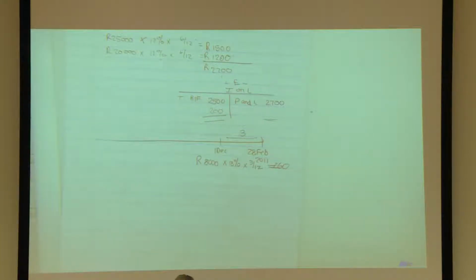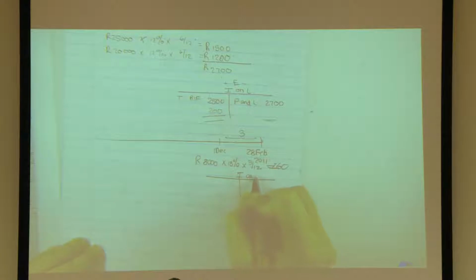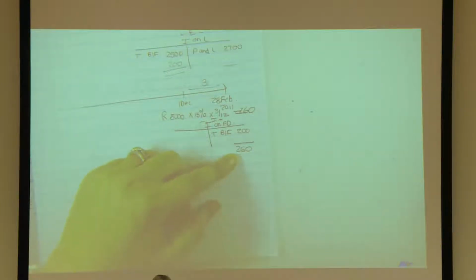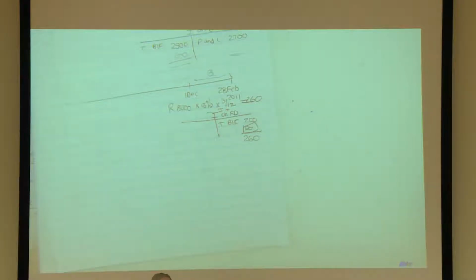Right, but again, there's interest on investment, interest on fixed deposit. It's an income. We have a total brought forward of 200. If my interest is supposed to be 260, how much is still outstanding? Again I'm going to ask the question, do we care about that 60?